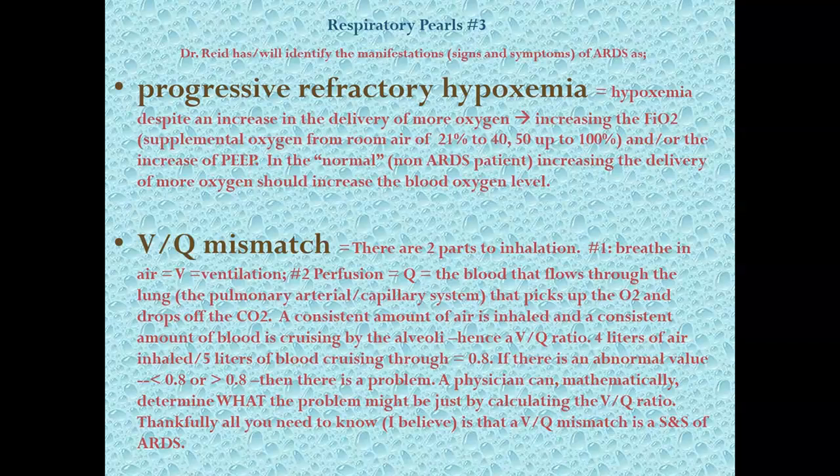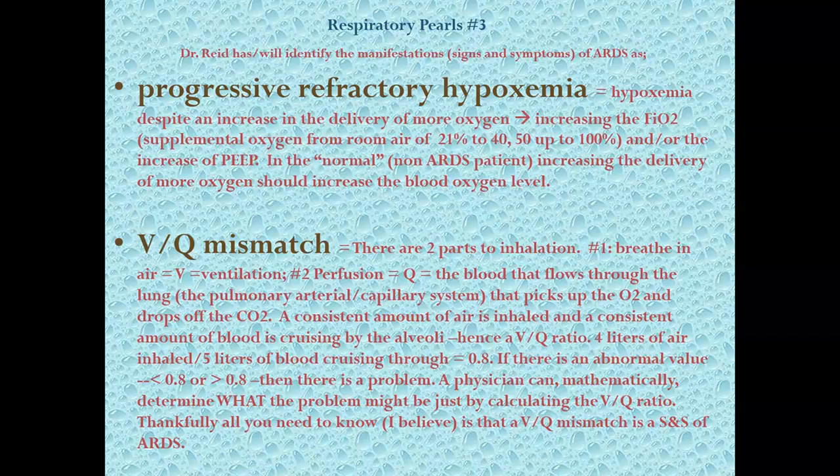That's where the V comes in. So V is ventilation, bringing in air. And then the next is perfusion, because it's no good to have O2 brought into the alveoli without blood flowing by to pick up the O2 and for the CO2 to be dropped off. So that's the Q. I don't know who came up with perfusion as Q, but they did, so we're dealt with it. So that's VQ mismatch.